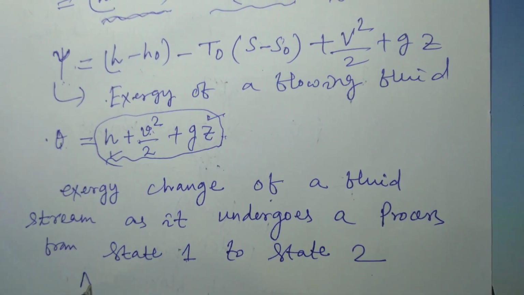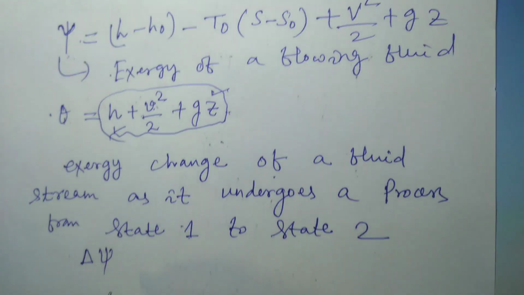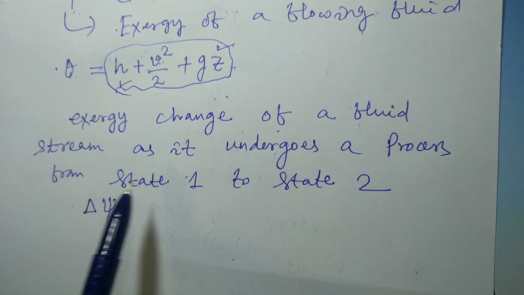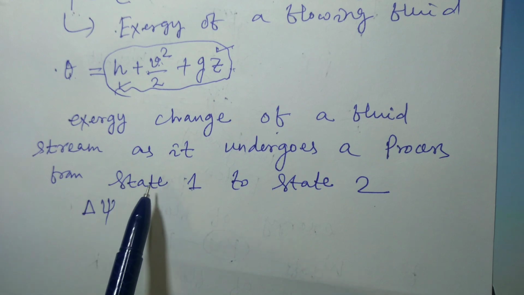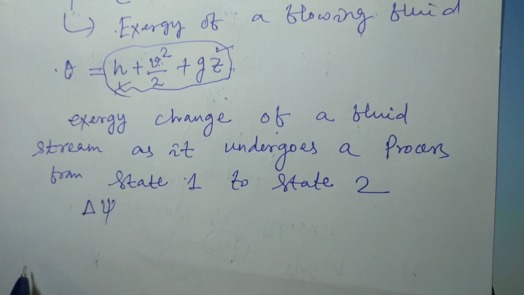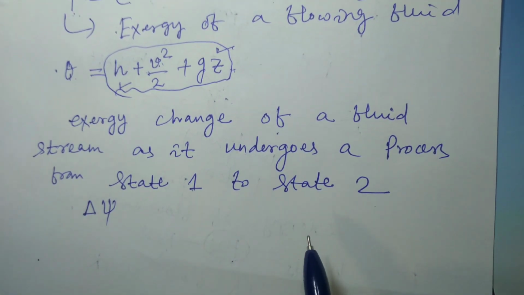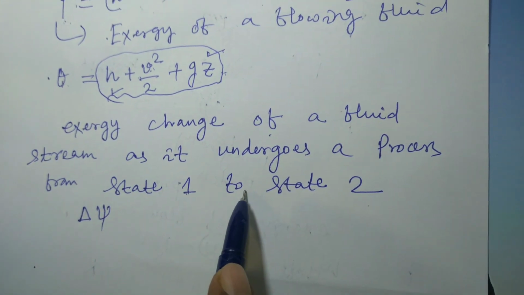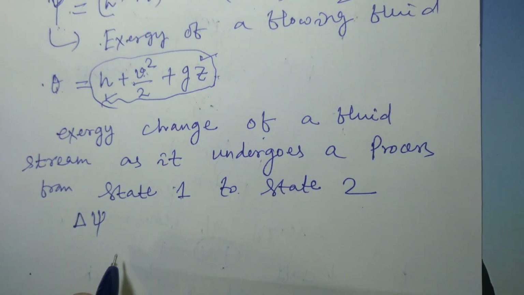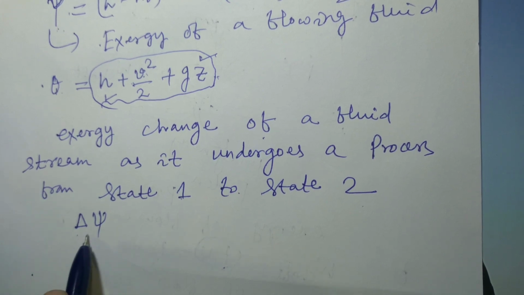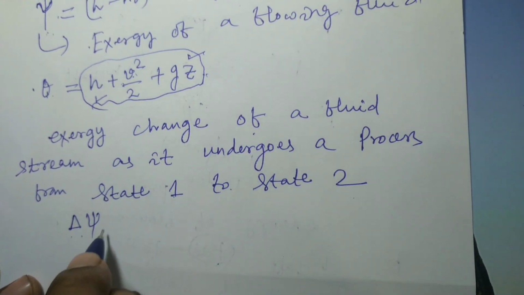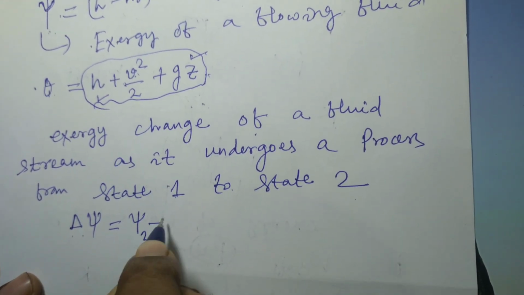Suppose a flowing fluid undergoes a state change from initial state to final state, as happens in a steady flow device or unsteady flow device. So wherever it undergoes a process between two states, initial and final, the change in exergy, delta psi, will be psi 2 minus psi 1.